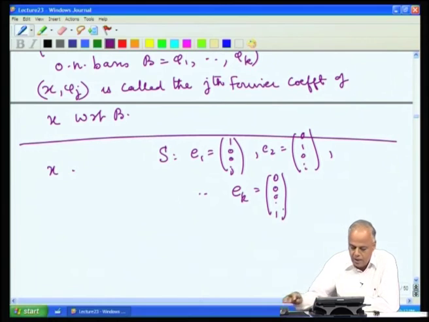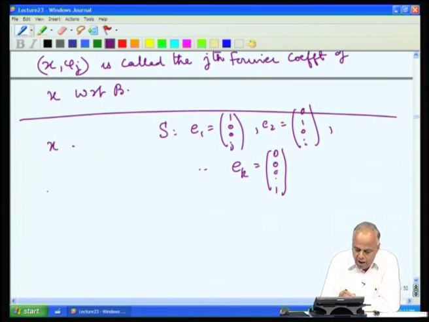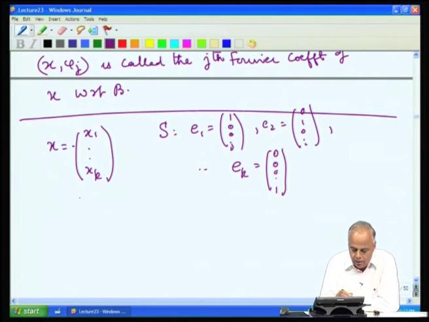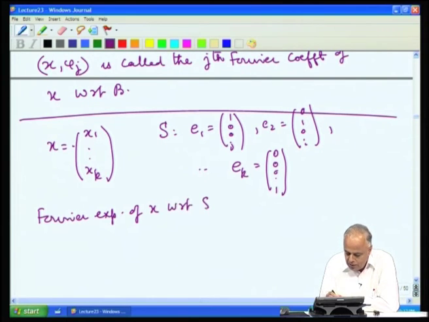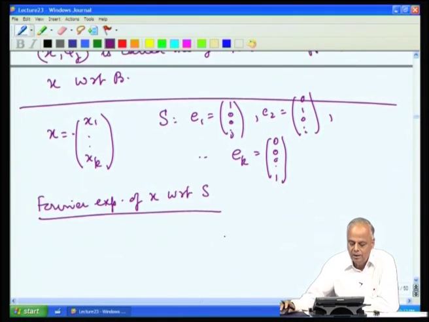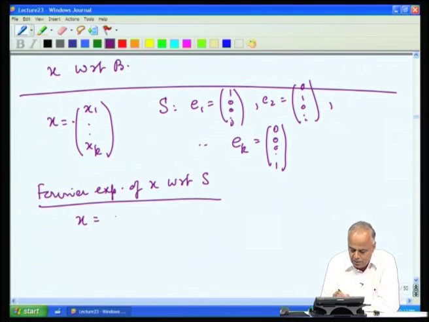If I have x which is x 1, x 2, x k, then the Fourier expansion of x with respect to this basis is nothing but x is equal to x 1 E 1 plus x 2 E 2 plus x k E k.